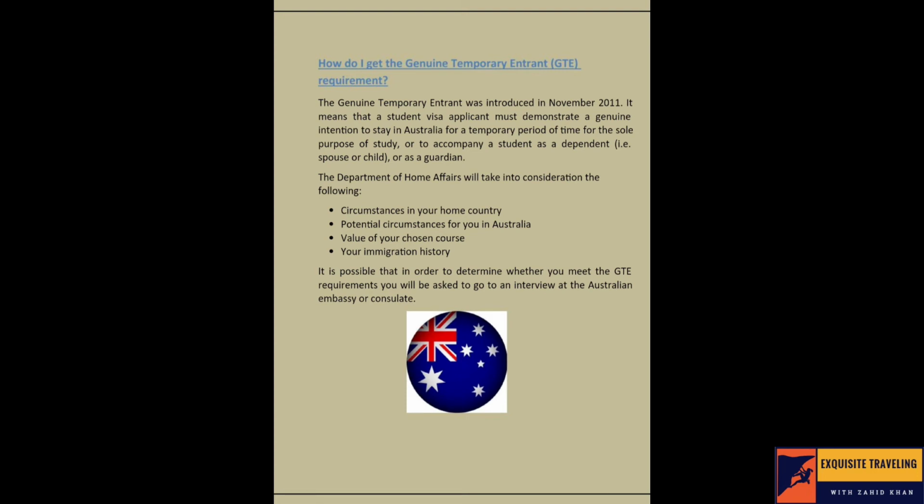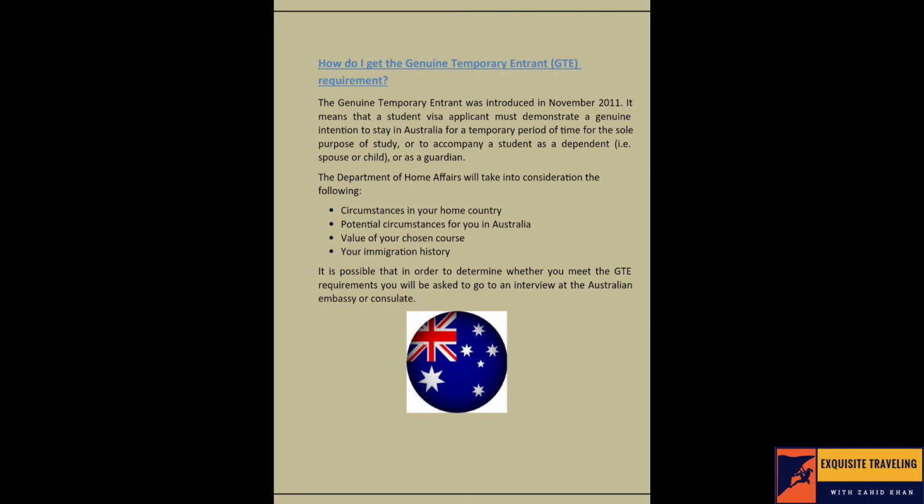The Department of Home Affairs will take into consideration the following: circumstances in your home country, potential circumstances for you in Australia, value of your chosen course, and your immigration history. It is possible that in order to determine whether you meet the GTE requirements, you will be asked to go to an interview at the Australian Embassy or Consulate.